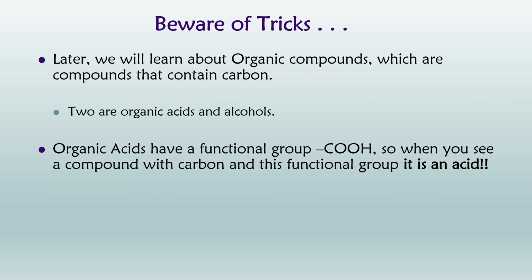Now, if you look at that functional group, it has a hydroxide at the end, an OH. You might think it's a hydroxide, but it's not. It is the functional group, the whole thing, the COOH, and that is an organic acid. It's not a base. So that is one thing to be familiar with and to take care of.